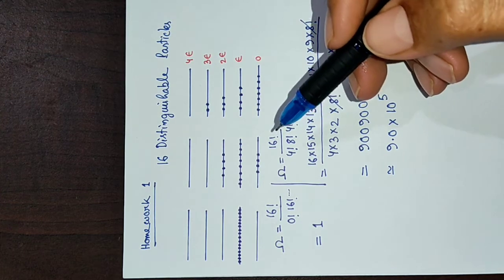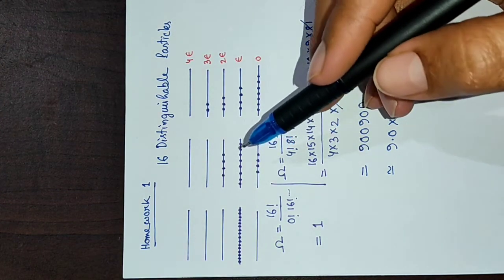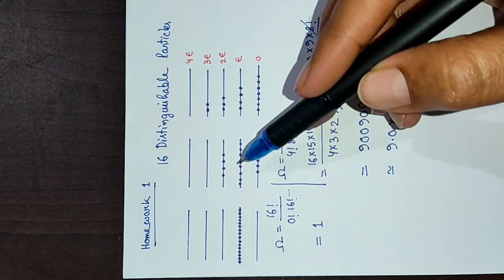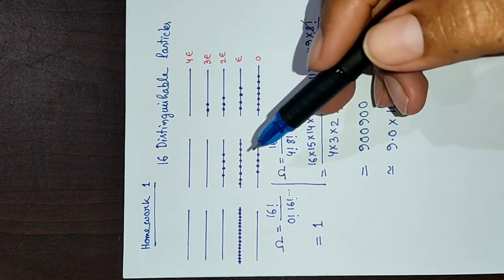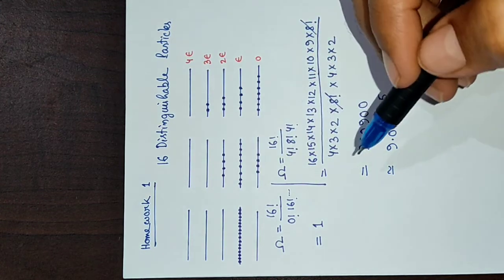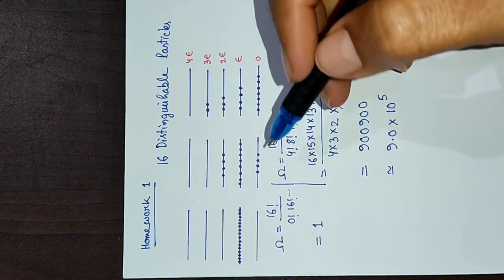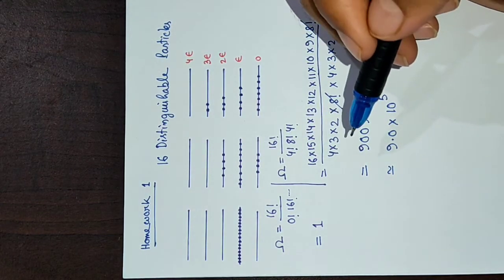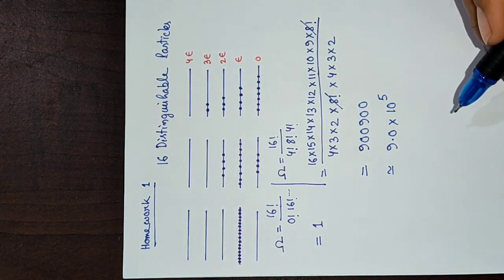So it will be impossible for us to determine by marking A, B, C, D, E, F, G, H as I have discussed in the previous lecture to find the possible number of microstates. We have to use this formula. Otherwise, it will be an unsolvable problem.